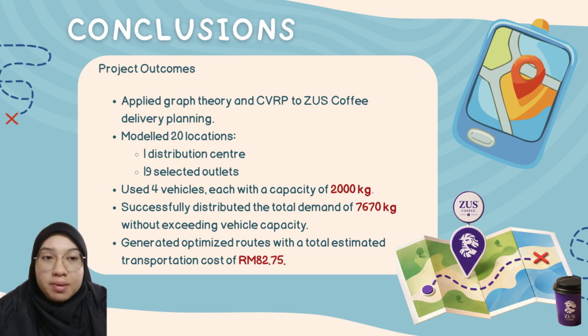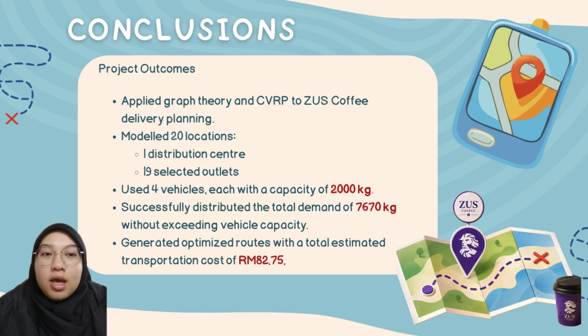The total inventory demand of 7,670 kg was successfully divided among the 4 vehicles without exceeding their capacity. By using Google OR tools, optimized delivery routes were generated with a total estimated cost of 82 ringgit and 75 cents. Therefore, all of the objectives for this project were achieved.